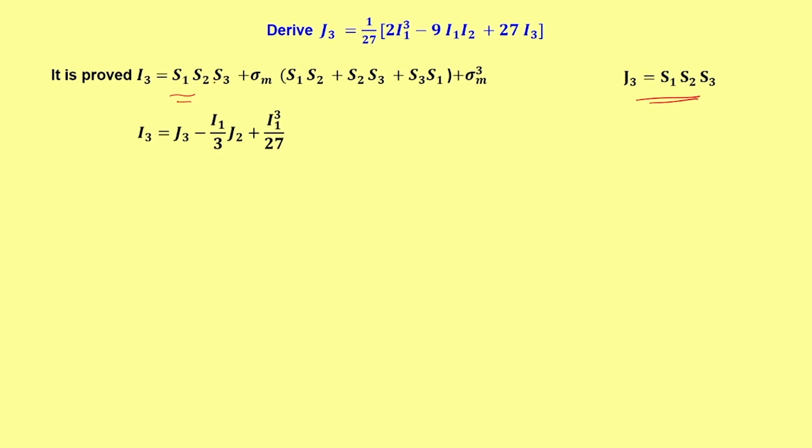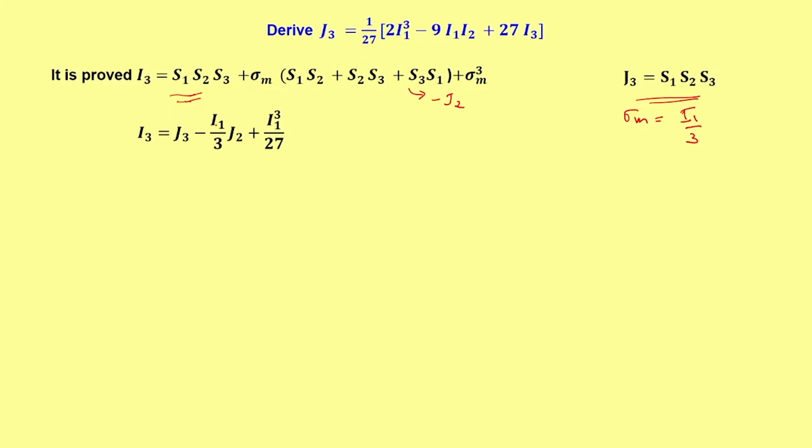So, I3 is equal to J3, so this one will be J3 minus, since S1 S2 plus S2 S3 plus S3 S1 is minus J2, so this is minus J2, and sigma m is nothing but I1 by 3. Sigma m is equal to I1 by 3.